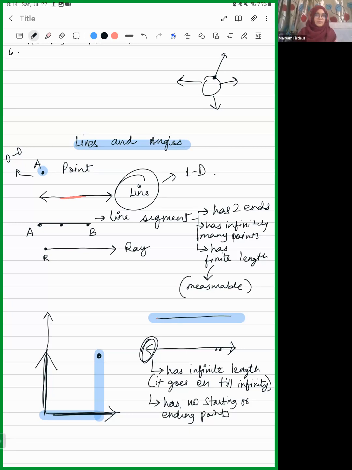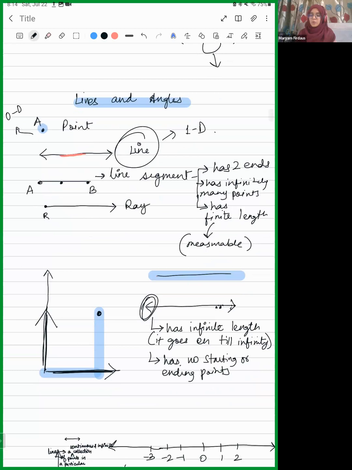So you know how to name a point, right? We have just discussed that. It is named with a single letter. Now let's come to these three things. A line segment is named by its starting and ending points. This is a line segment. It will be called AB.